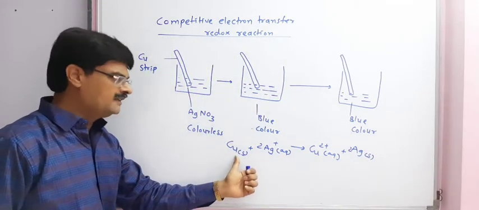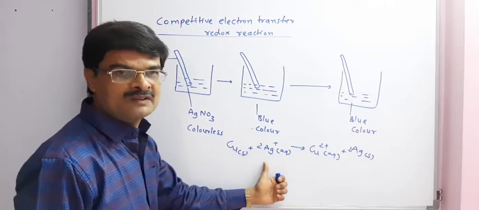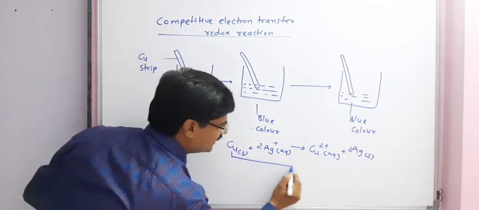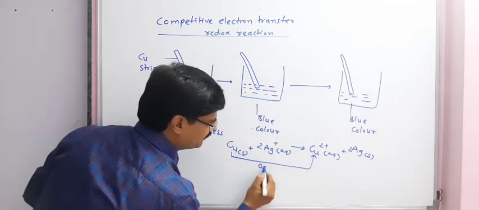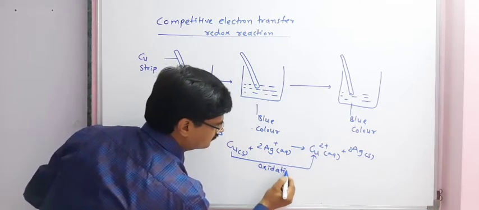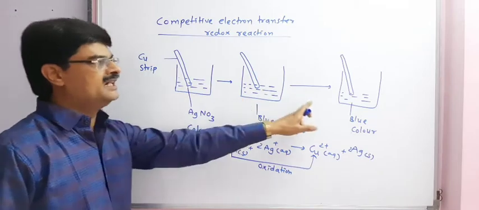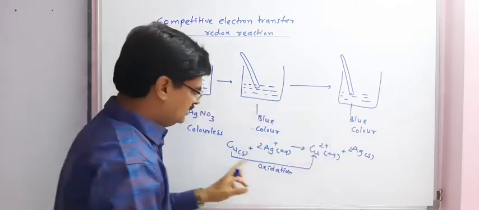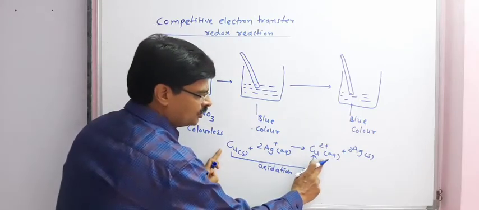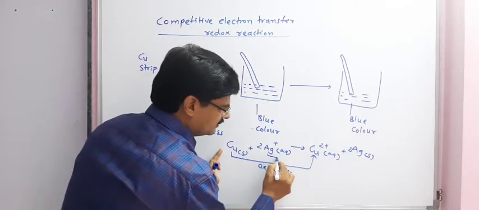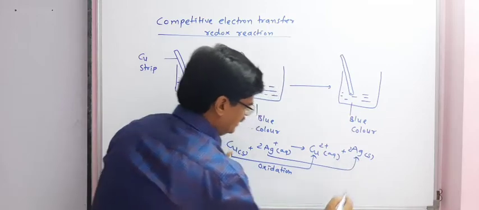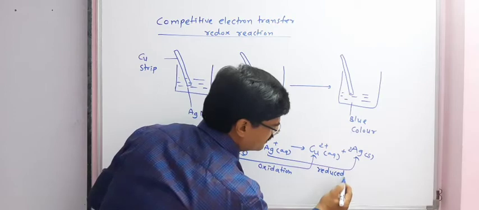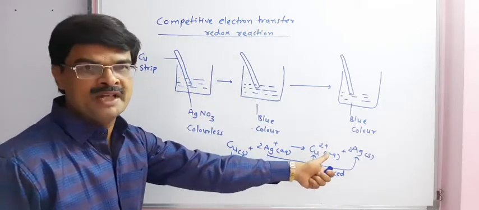So, what is reduction and what is oxidation in this particular case? Cu is oxidized to Cu2+, and that is why the color has changed from colorless to blue. And Ag+ is reduced to Ag.